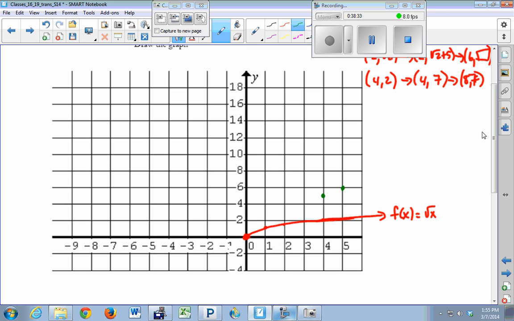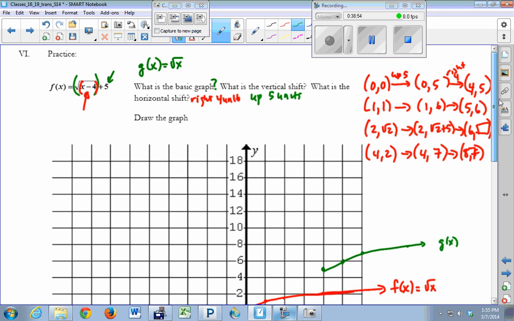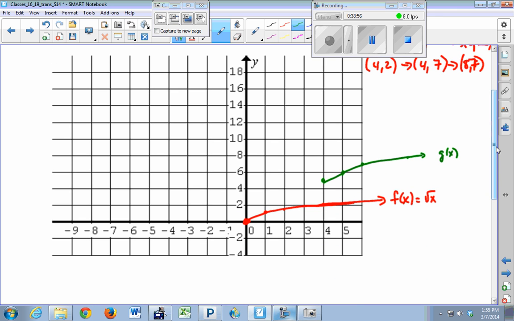That's about right there. And then the last one is 8, 7. So 8 would be way out here and 7 would be about right here. So here's my g of x. So that's my transformation. Oops, I got my letters backwards. This is g of x, sorry, and this is f of x.